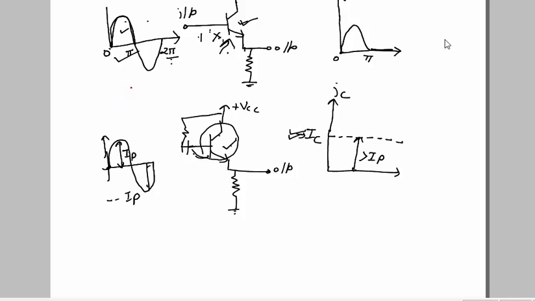But here the sinusoidal current is superimposed on the bias point, so this will always provide a DC value IC. We have designed this circuit such that IC is greater than IP, where IP is the peak value of the sine wave. So the transistor is always on.